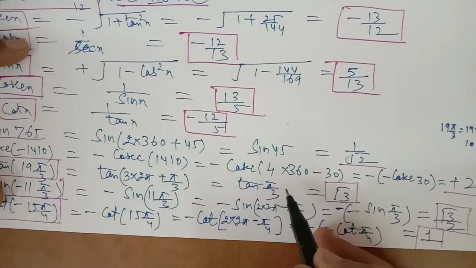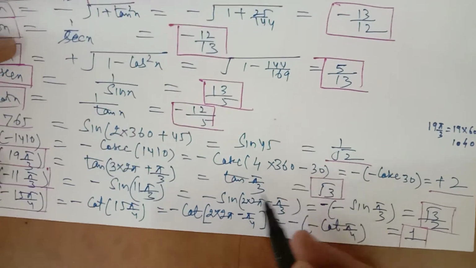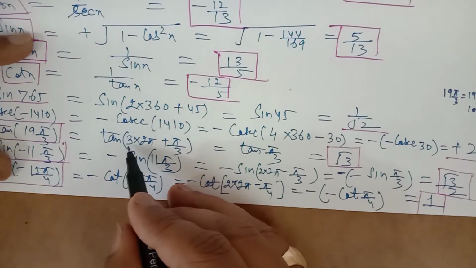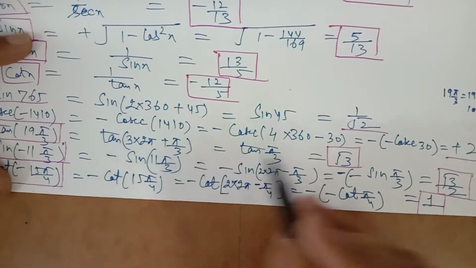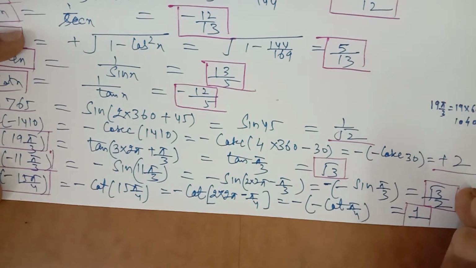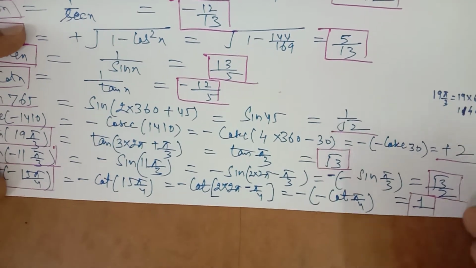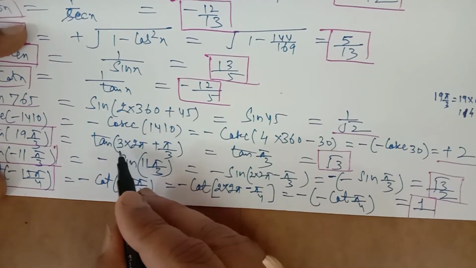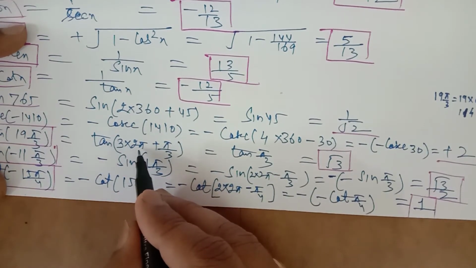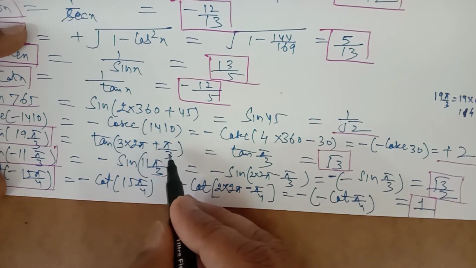So for 1040, you can write 360 into 3, that is 1080 minus 30. Now I think something is wrong here. 19 pi by 3 means 19 into 60, which is 1140. So for 1140, you can write 3 into 360, that is 1080, plus 60.